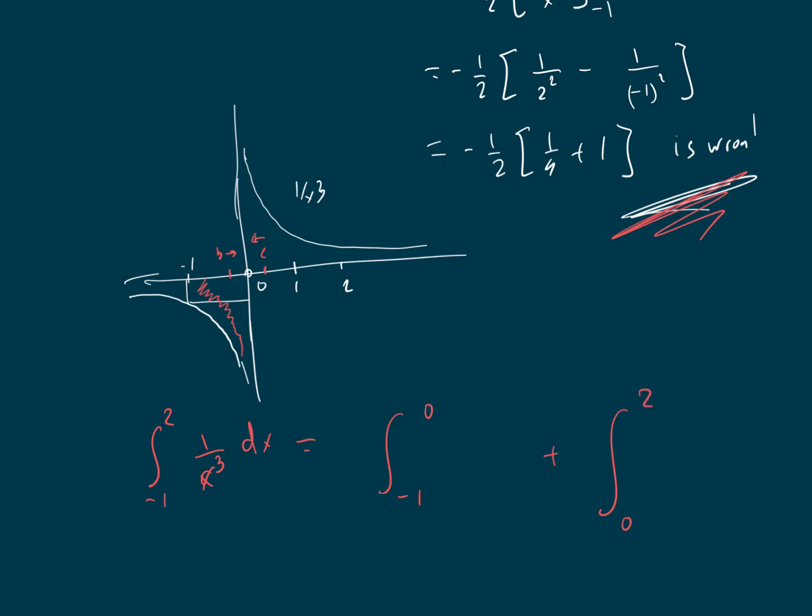So it's from minus 1 to 0, but instead of writing 0, you write v here, and you take the limit when v goes to 0 minus, from the left. And here, instead of 0, you write c, and you take the limit when c approaches 0 from the positive side.